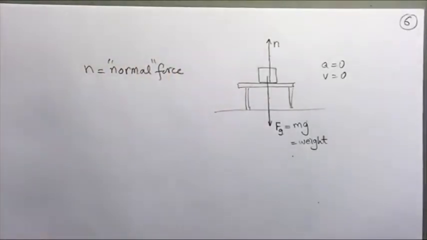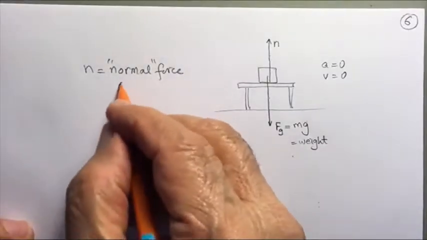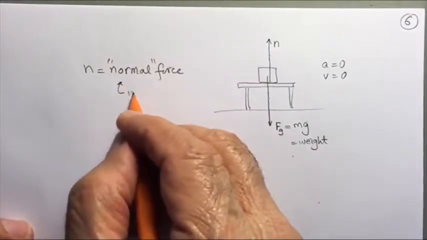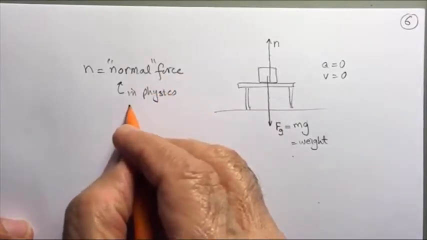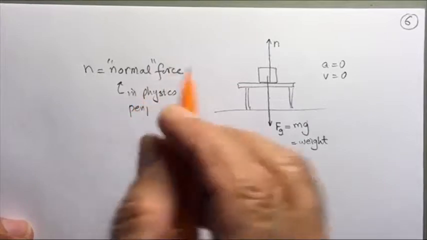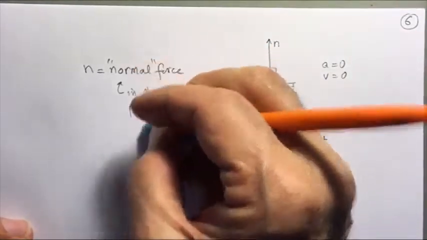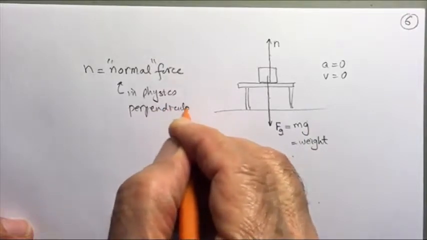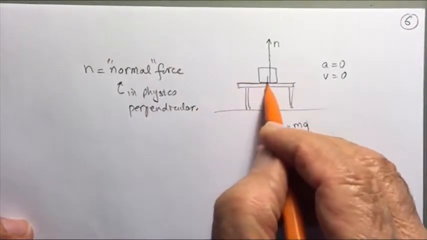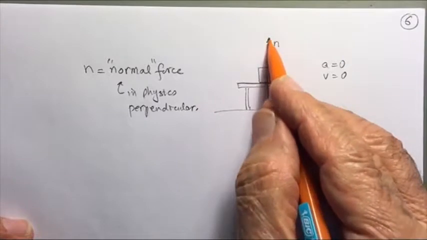Now, normal here doesn't mean something that's not abnormal, but it means something that's perpendicular. So normal in physics means perpendicular. So this is the surface, and the normal force is perpendicular to the surface.